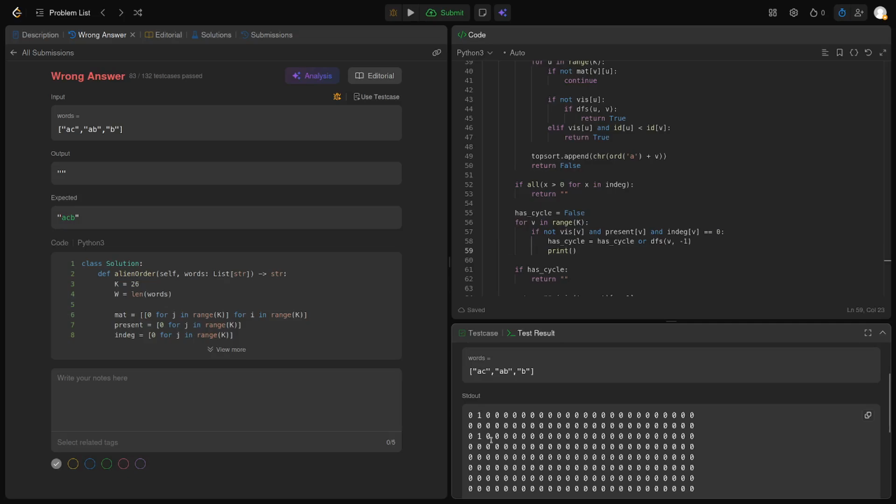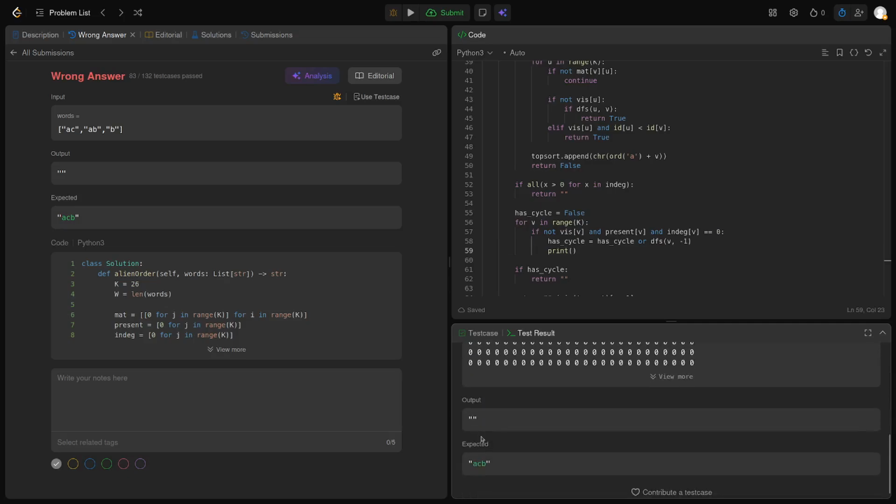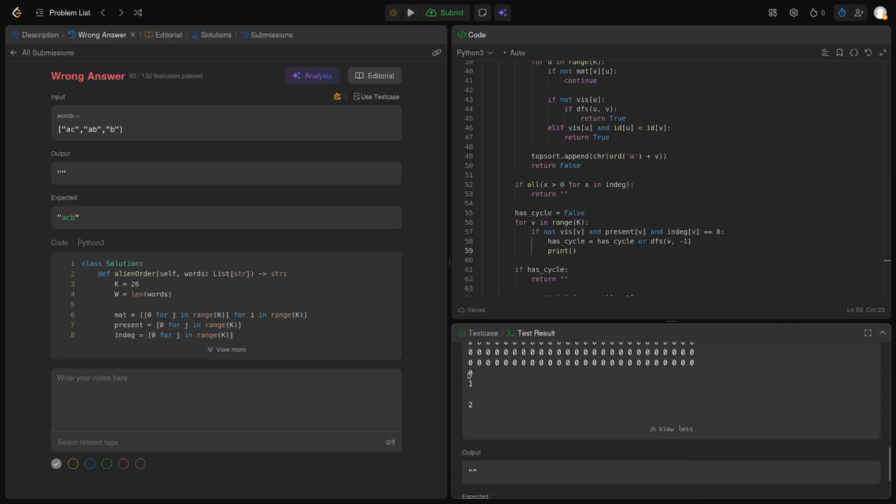So A is over B, I agree with that. And then C is over B, I agree with that, and that's the whole shtick we got, right? So first I visit AB.